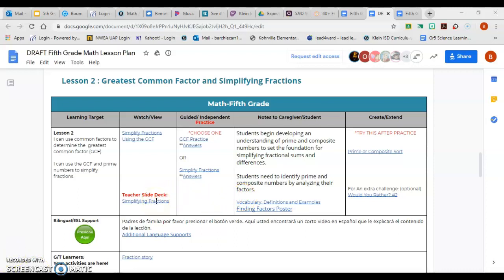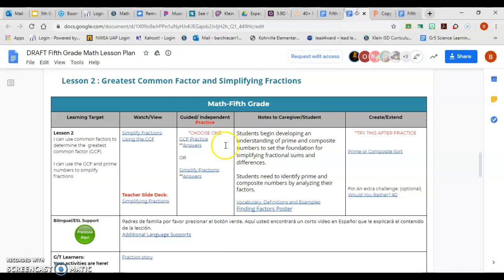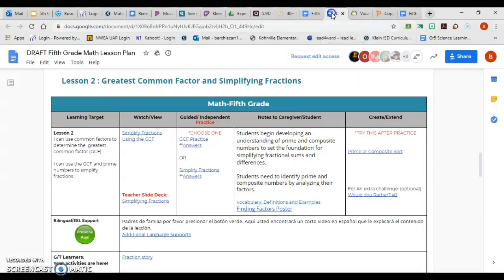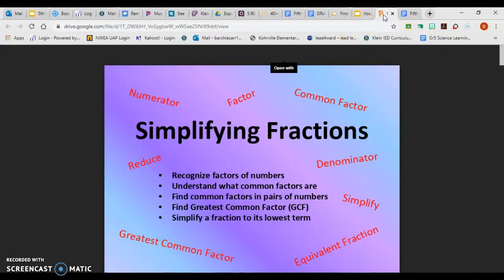Okay, guys, so first thing you have is a couple of different things that you can open up to help you, little guides, anchor charts, if you will, the kinds of things that you would find hanging around in our classroom. And I want you to open up all three of these because these are little guides that can help you.